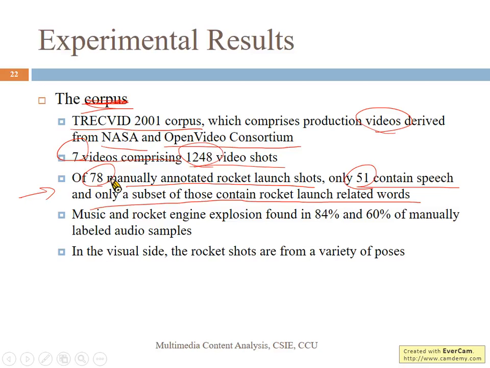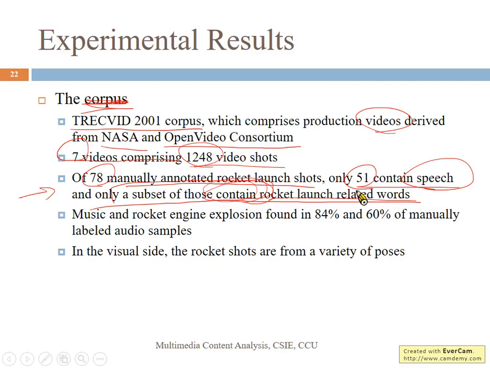But here you can see we cannot just rely on the speech information, because only part of them include speech information, and only a subset of them contain rocket launch related words. So you cannot just rely on speech information.